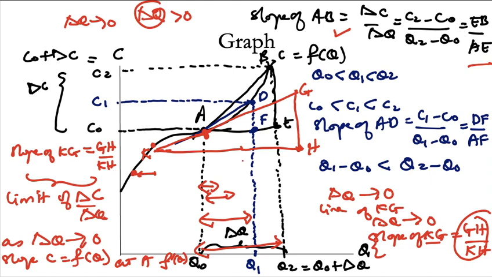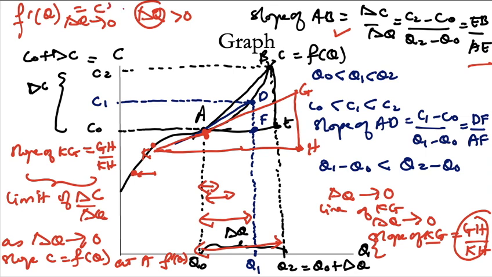As we can see here, as the change in Q becomes smaller and smaller, the slope of KG here is actually the limit of change in C over change in Q as change in Q approaches zero, isn't it? Or in other words, the slope of KG here is actually the limit of the difference quotient for the cost function as the change in output approaches zero. And the slope here or the limit here is actually the value of the derivative at point A, which is f prime of Q, or C prime.